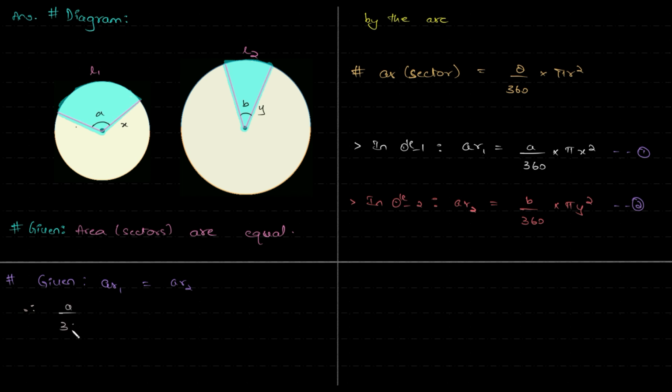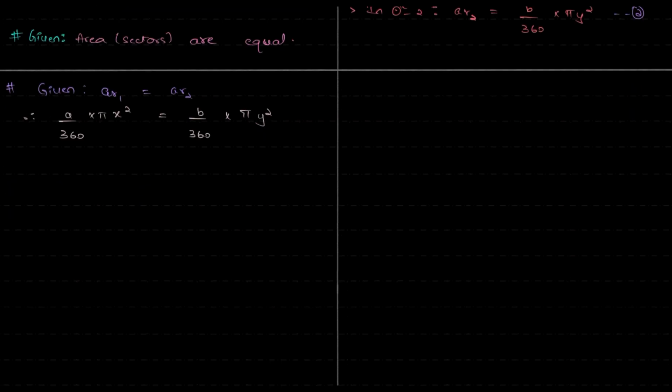A by 360 into pi x square is equal to B by 360 into pi y square. And now we can cancel 360 and pi. And so A x square is equal to B y square. Okay. This is the maximum that we can solve this. We can't do much beyond this point. So we'll call this, say, 3.